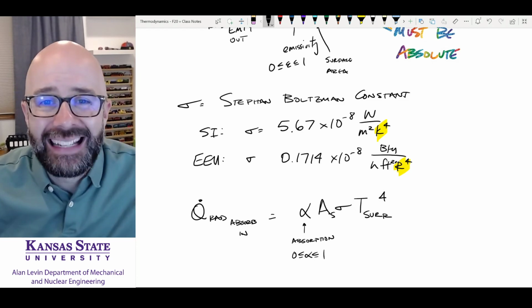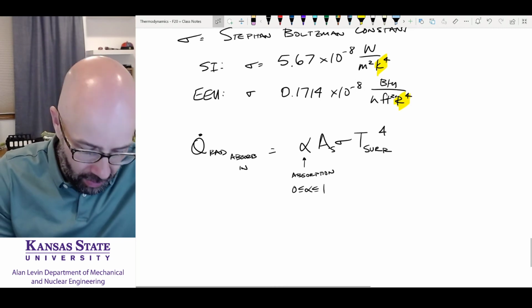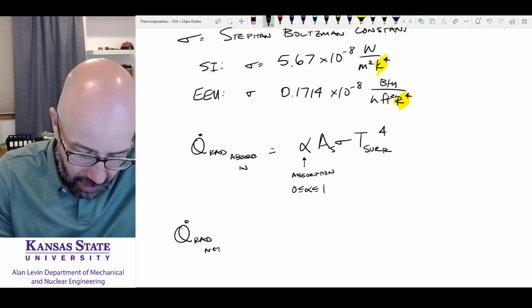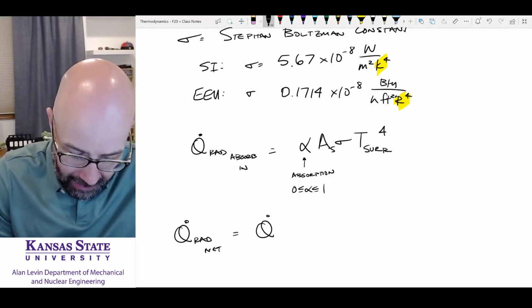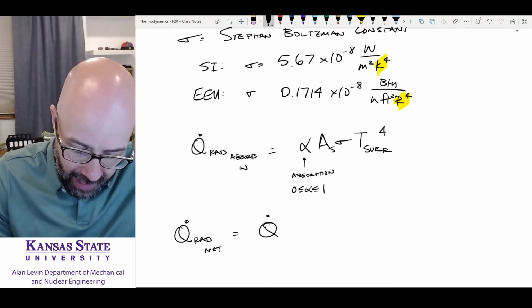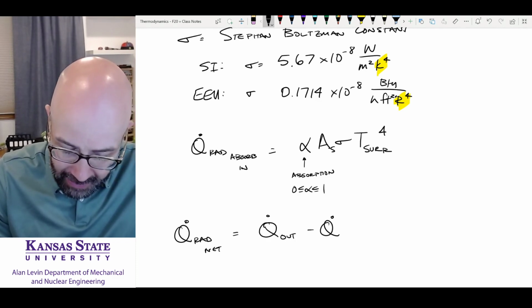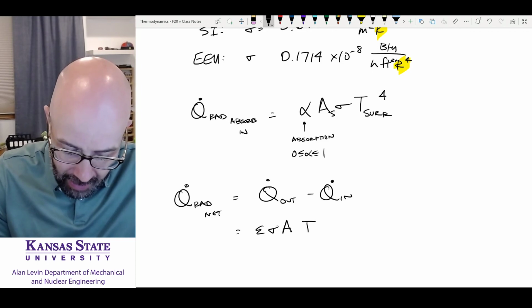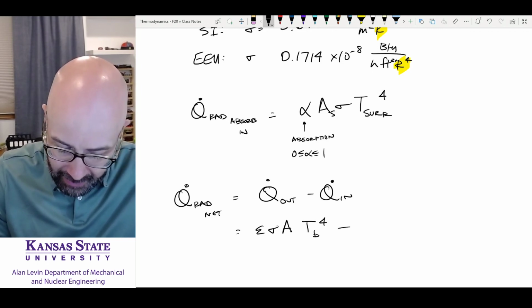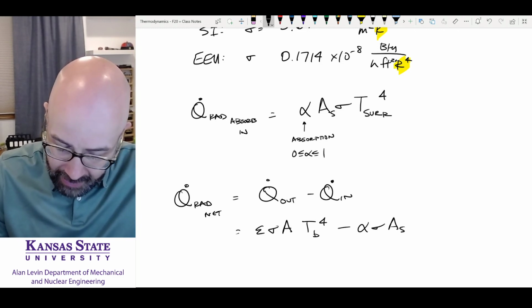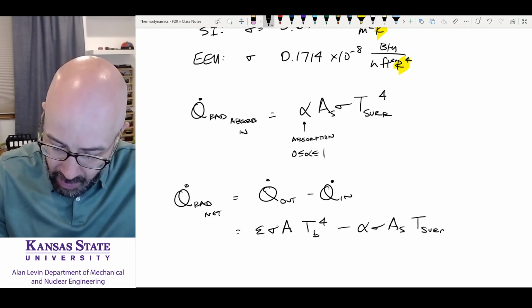If you want to look at the net radiation, which we often do, Q dot radiation net, you're going to take Q dot out minus Q dot in, and you're going to get epsilon, sigma, area, temperature of the base to the fourth, minus alpha, sigma, area, times temperature of the surroundings to the fourth.